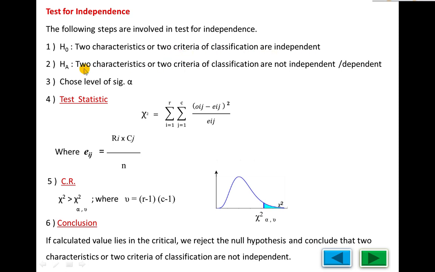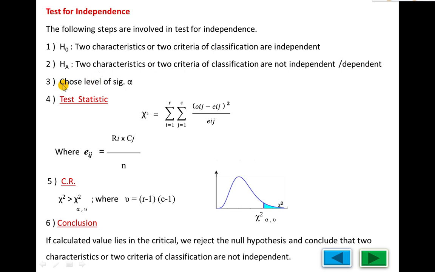The alternate is the same as the null hypothesis, but the word independent is changed to not independent: the two characteristics or criteria of classification are not independent, or dependent. This is a general statement, but we will write according to the data or question.